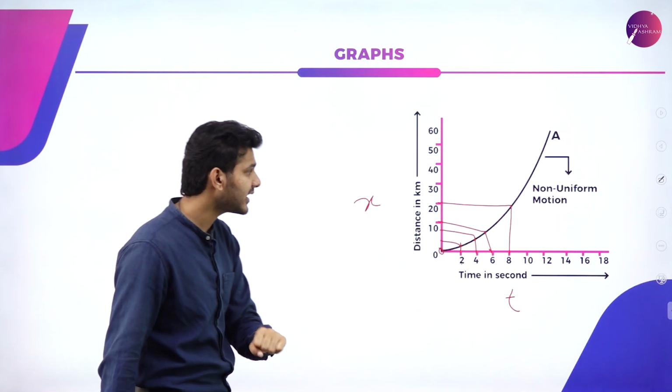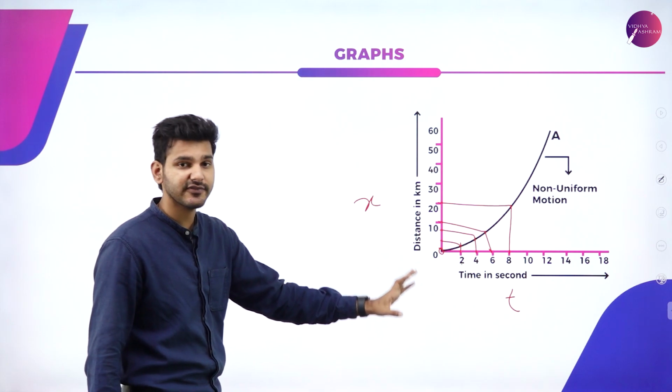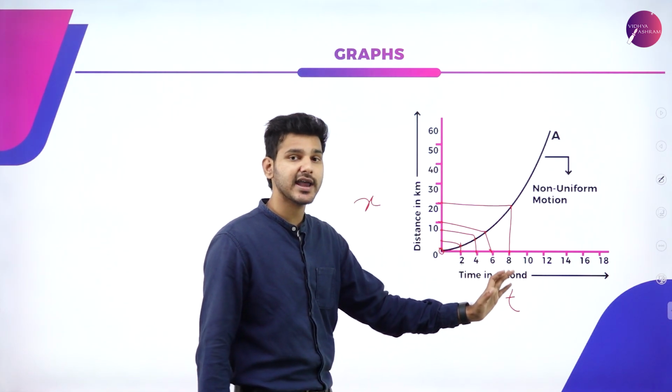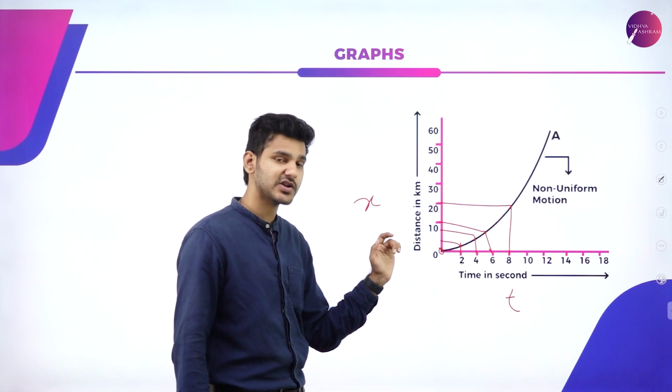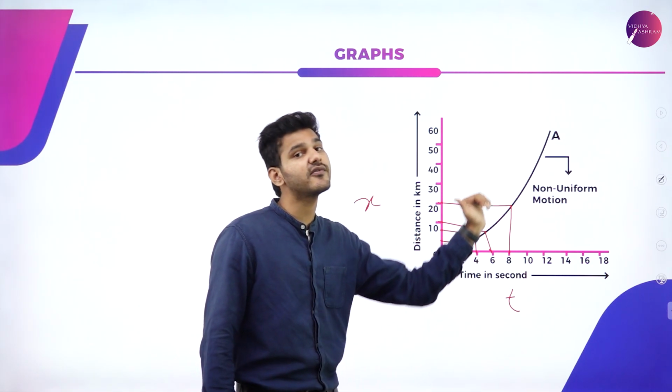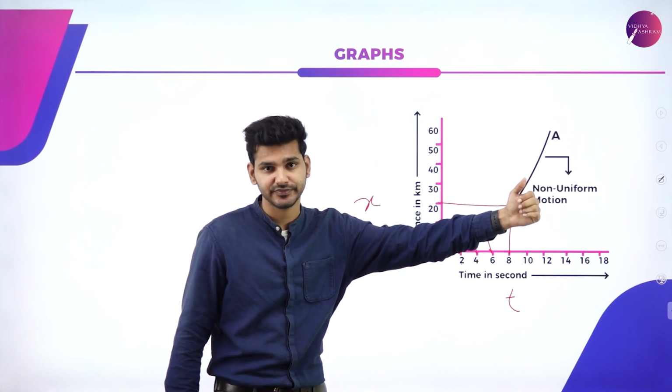So I identified, looking at the position time graph, that with change in time, the position of the particular object I am measuring is moving away from me faster.